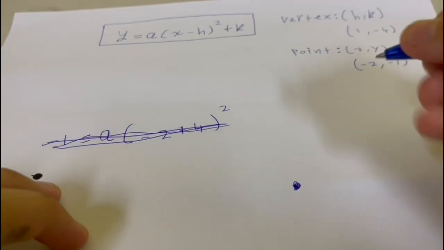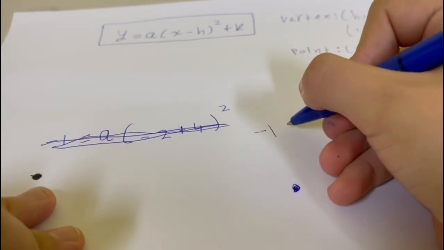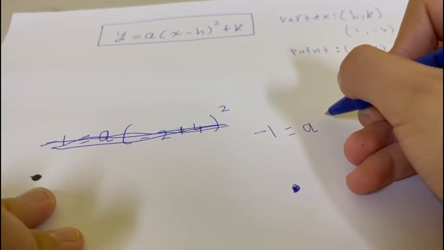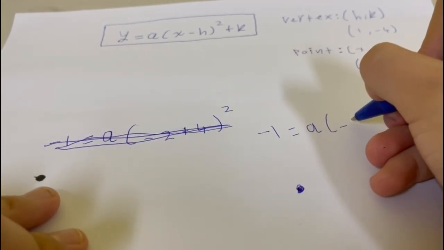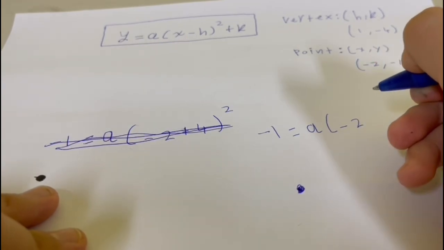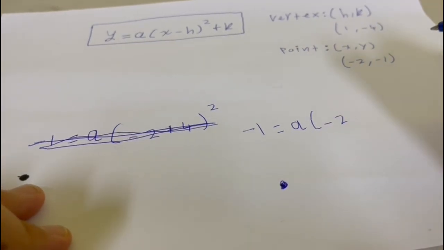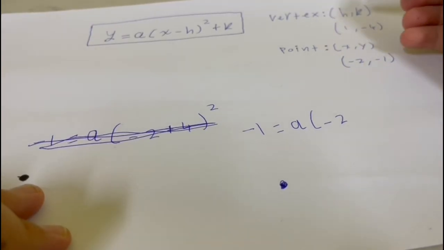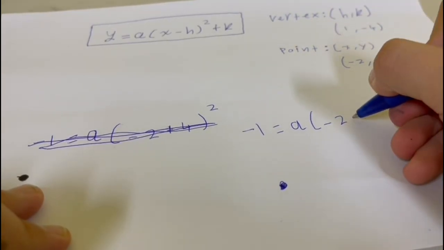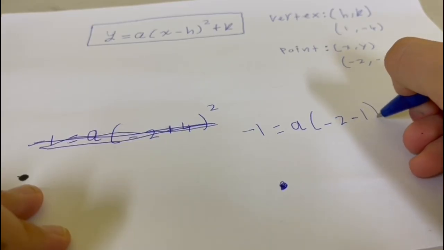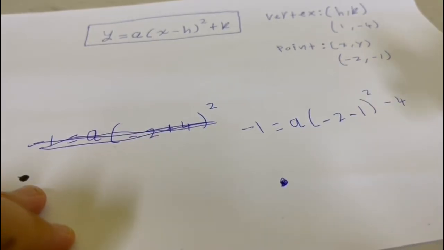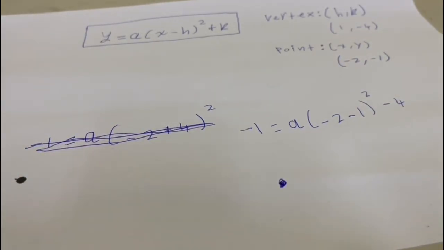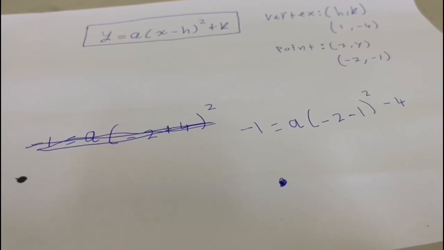The y is -1, so -1 equals, we need to find a, so a times (-2, which is the x, minus 1, since h is 1) squared, minus 4. So -1 = a(-2 - 1)^2 - 4.